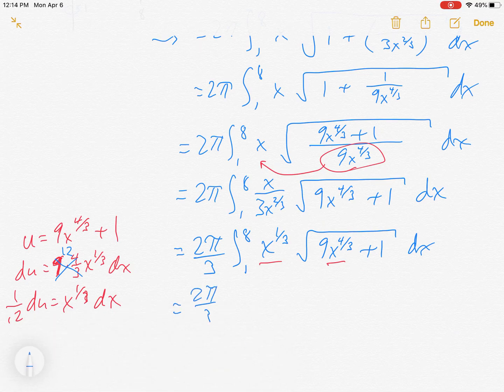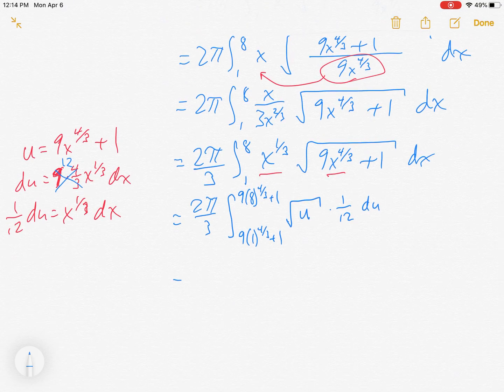Don't forget dx. So look what we got here. This is now the square root of u. The dx becomes 1/12 du. Our bounds are going to change: 9 times 8 to the 4/3 plus 1, and 9 times 1 to the 4/3 plus 1.